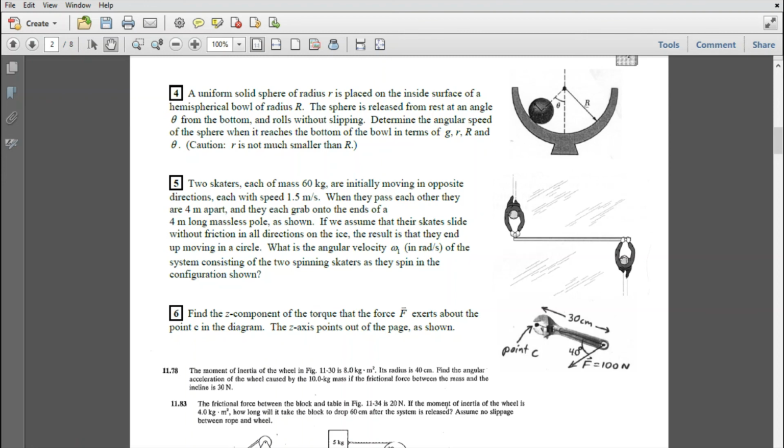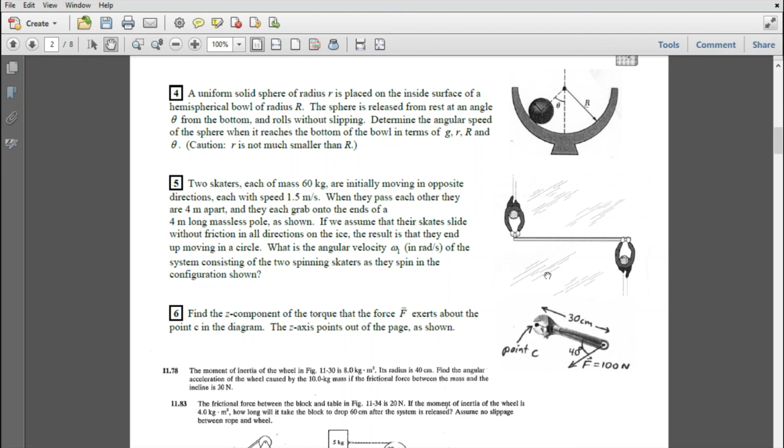Well, the idea is that when they start spinning, whatever their speed is isn't going to change as they continue moving in the circle. They're just going to transition from moving linearly to moving in a circle at that same speed. So whatever speed they had initially, that's the speed of their point on the edge of the pole as they move in a circle. So we know that final speed.